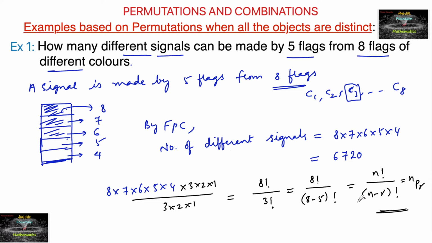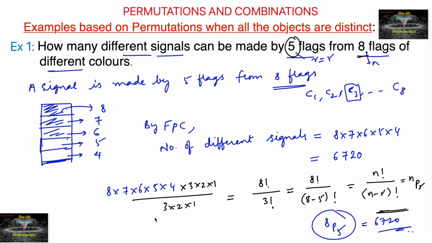As simple as by using the formula, the number of permutations of n different things taken r at a time. So number of permutations means number of different signals from n different things taken 5 at a time, here n is equal to 8 and r is equal to 5. So just use the formula here, in place of n 8 and in place of r 5. So 8P5 is the answer, that is 6720.